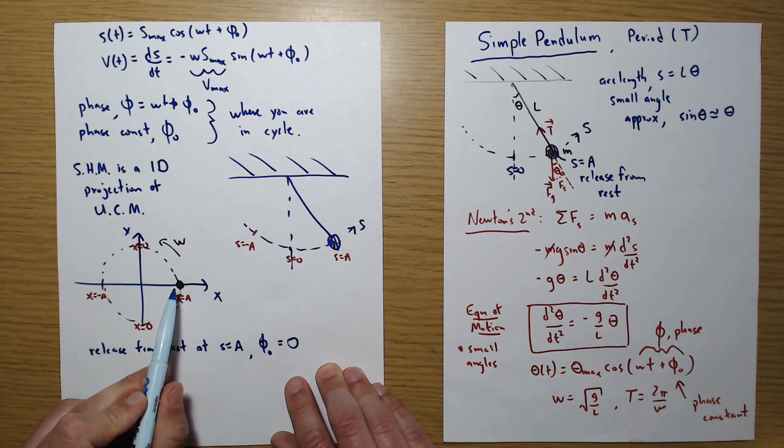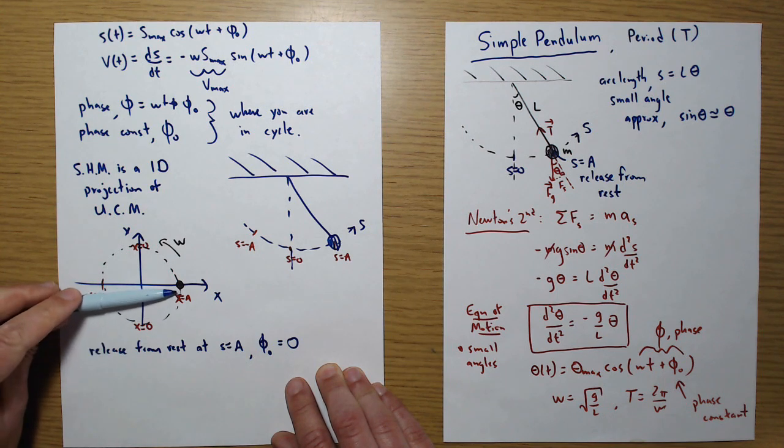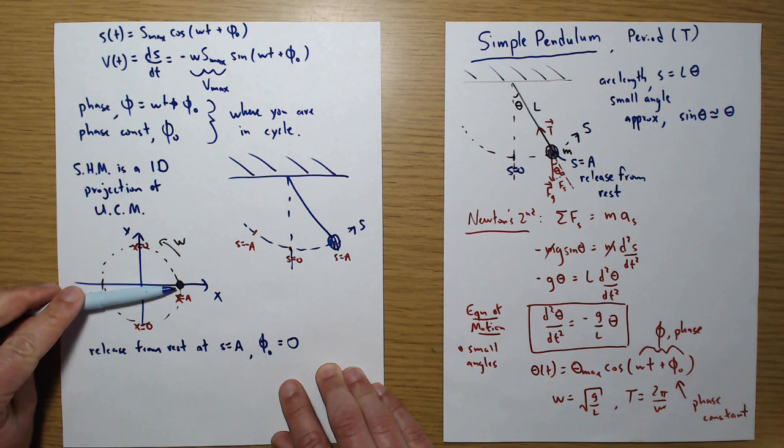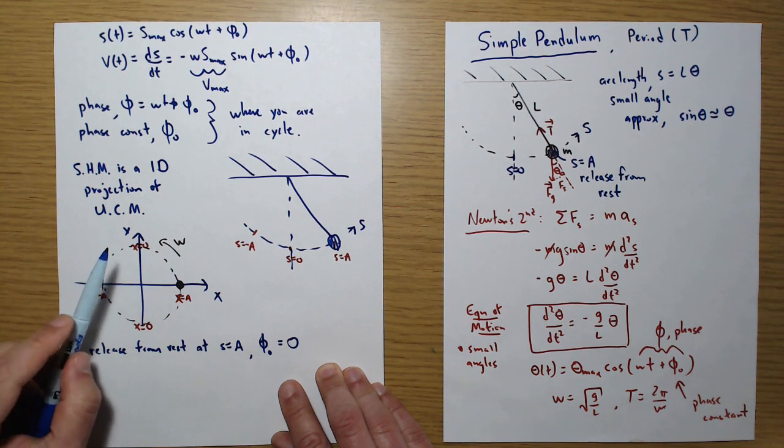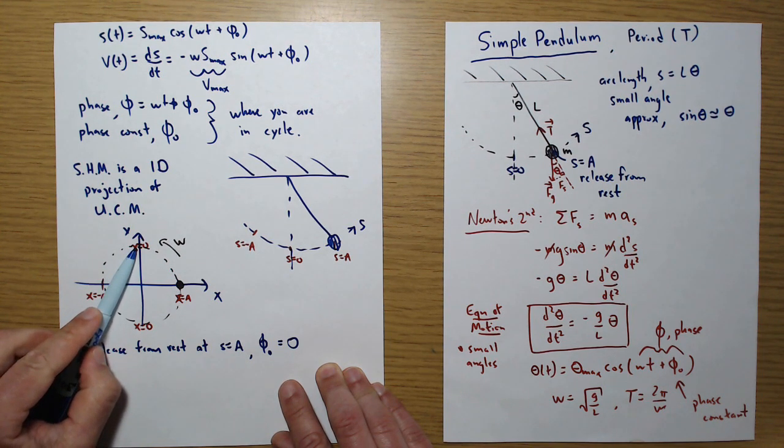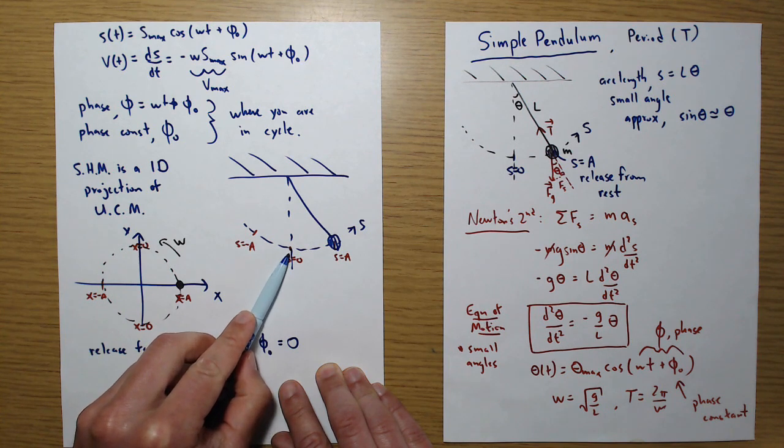Now that phase constant basically tells you where it is that you start. I don't have to just start at x equals a. You could also start the motion right in the center, just by giving it a push in the negative s direction.